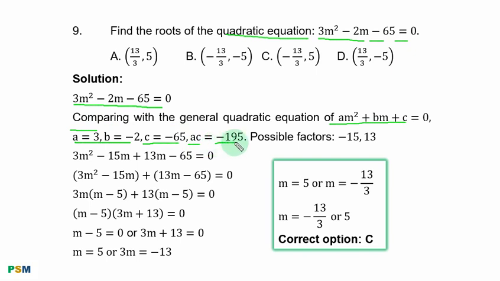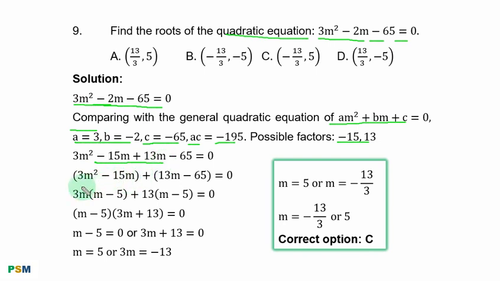195. Possible factors are minus 15 and 13. You express the factors in terms of m, the variable of interest, and you replace the middle term with them in this form. The purpose is to have 4 terms.